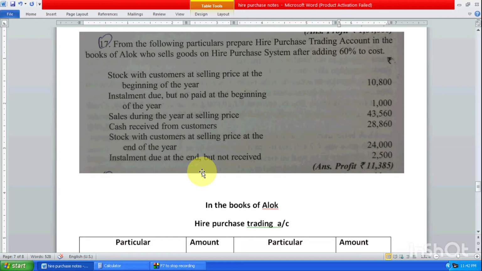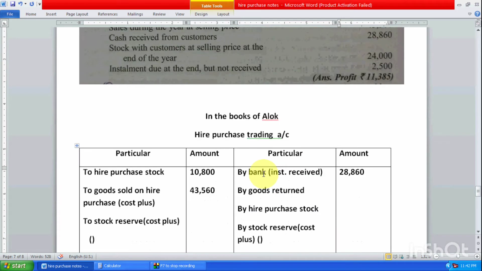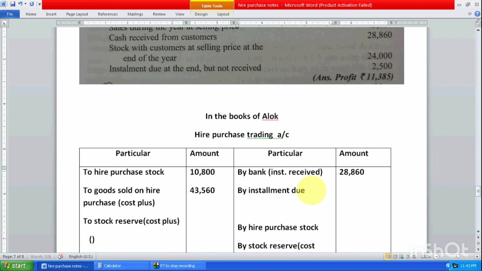So there is no return here, so I'm completely deleting this entry because there is no return mentioned. In place of return I am writing here installment due.